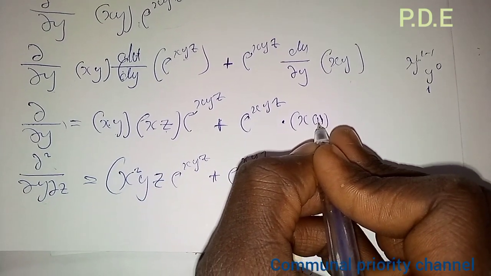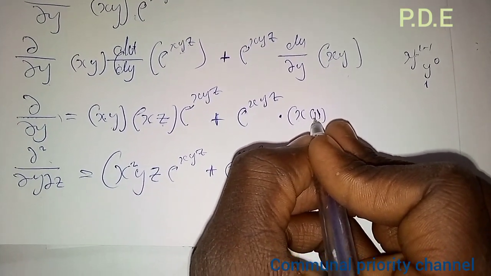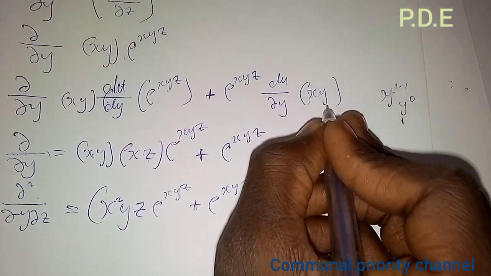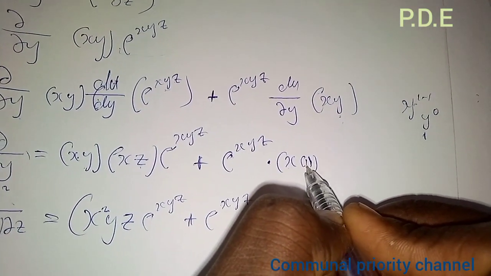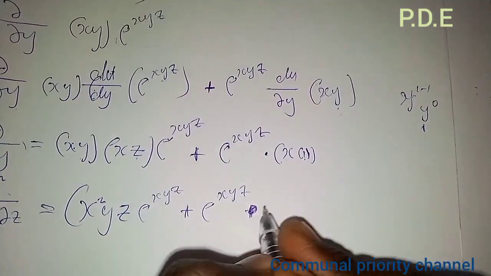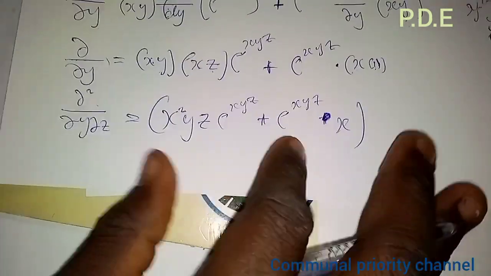This is 1, and 1 multiplied by x is x. Don't forget, this 1 is the differentiation of this y. The differentiation of this y with respect to y will give us 1, which is this one. And now this 1 multiplied by this x will give us x. So therefore, this will just give you x.